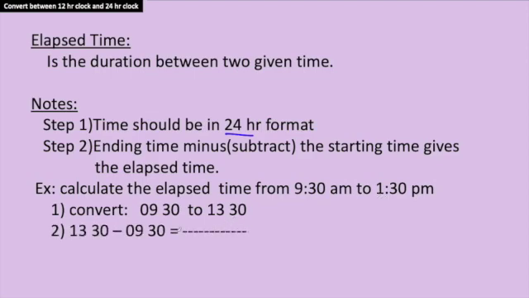And step 2, we subtract 1330, the ending time, minus the starting time. 1330 minus 930, you will get 4 hours. So we can just write 4 hours or 4 hours and 0 minutes. This is also accepted.